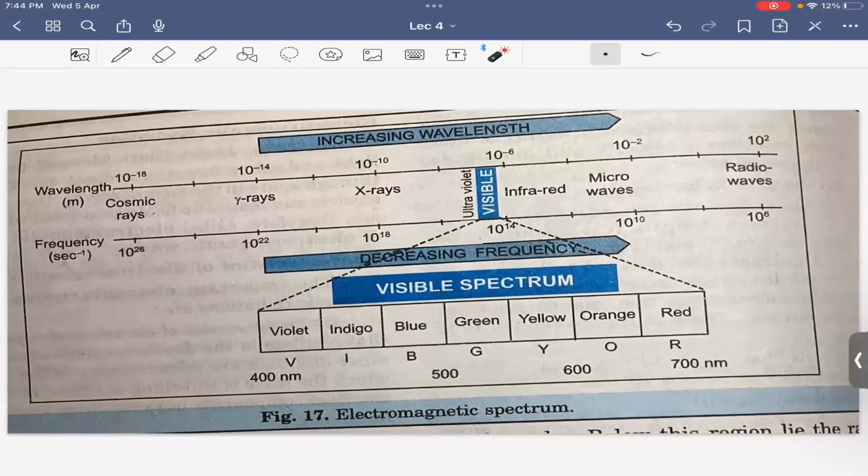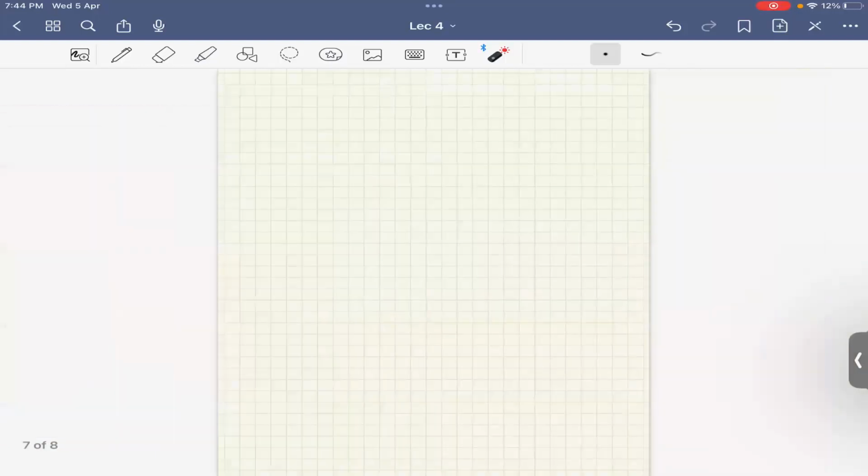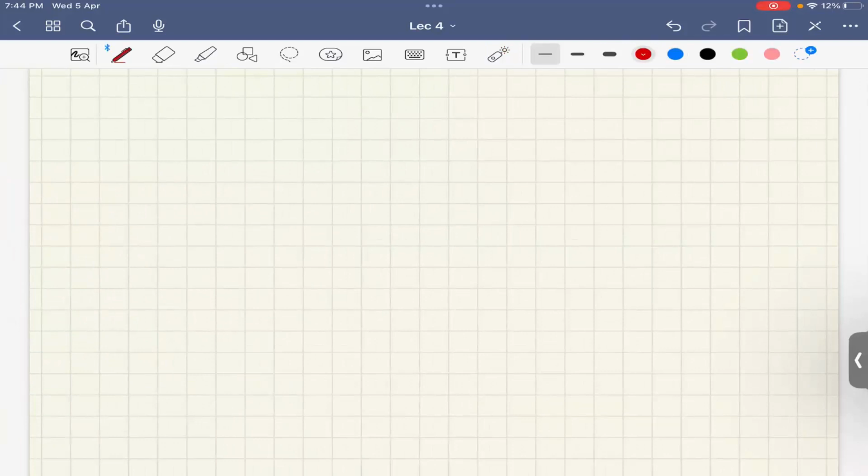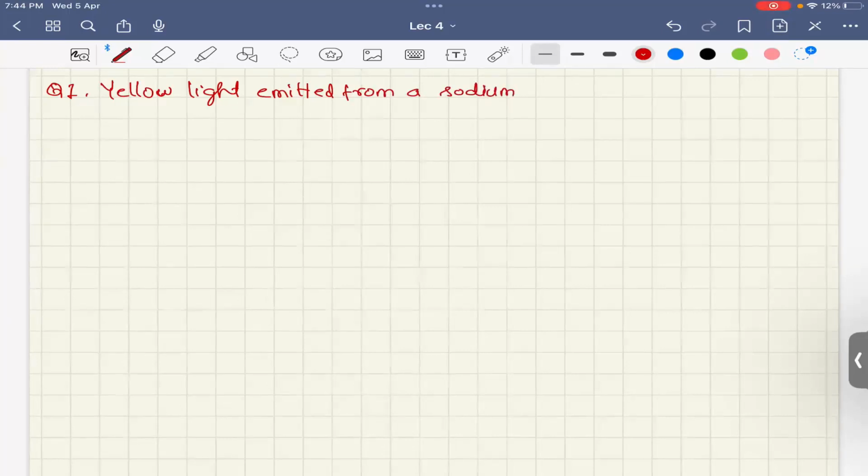So based on this, let us solve some problems. First question: yellow light emitted from a sodium lamp has a wavelength of 580 nanometers.